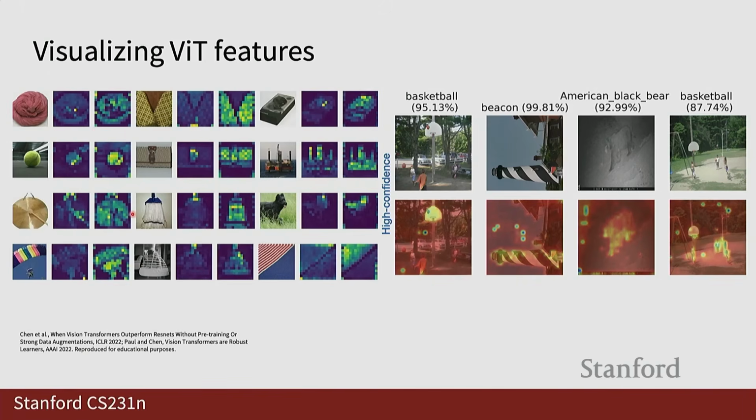For each of the outputs, we can create these maps in the pixel space and visualize the features of the ViTs in the pixel space. So basically with ViTs and transformers, this is much easier. We already have a way to visualize the attentions, the weights, but with CNNs, we often use GradCAM or these types of algorithms.